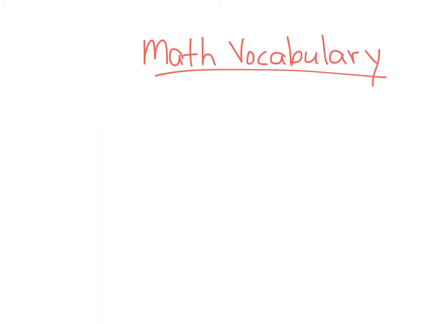So let's talk about some math vocabulary again. Notice that the denominators are the same. So when two fractions have the same denominator, such as these two fractions, we say that they have a common denominator.